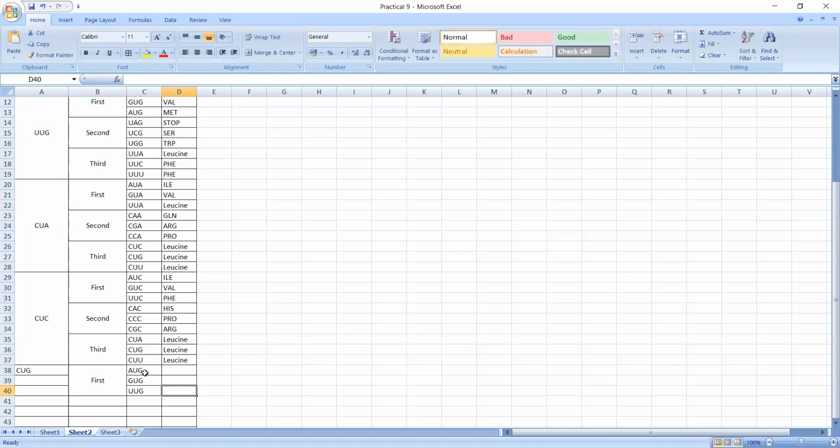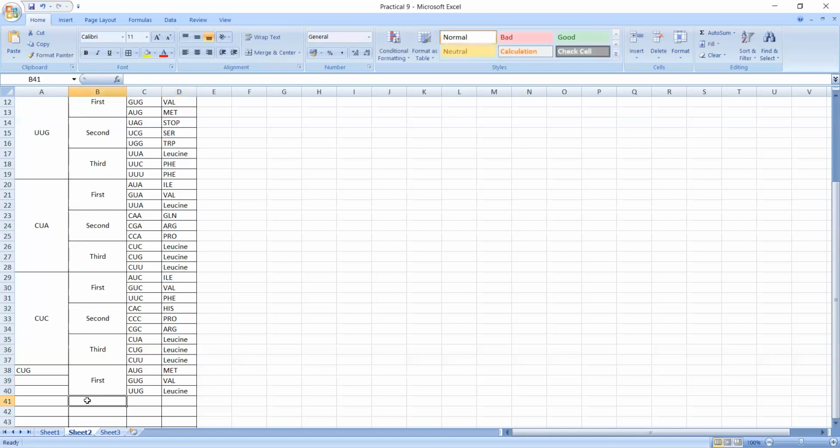Let us see what changes we can see in the amino acid. AUG codes for methionine. Then GUG codes for valine, and UUG codes for leucine itself.